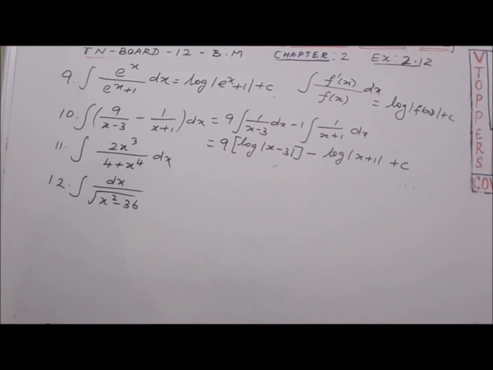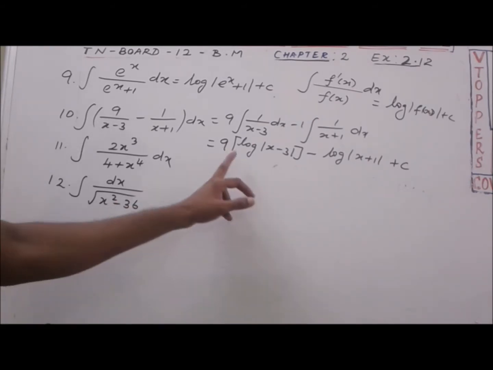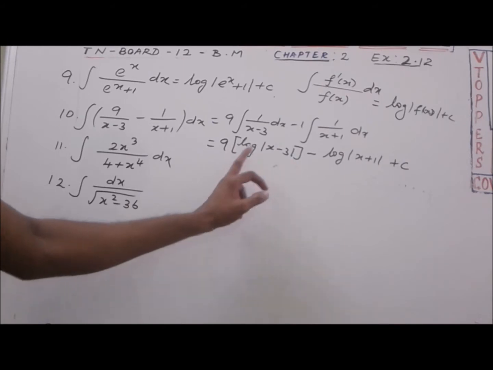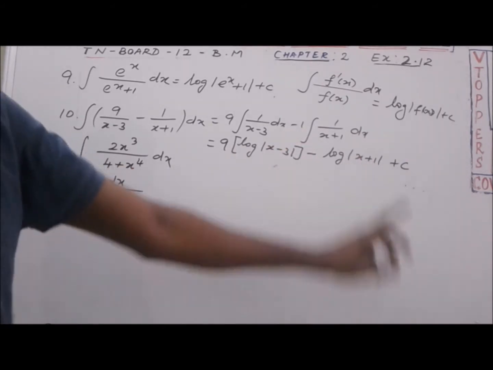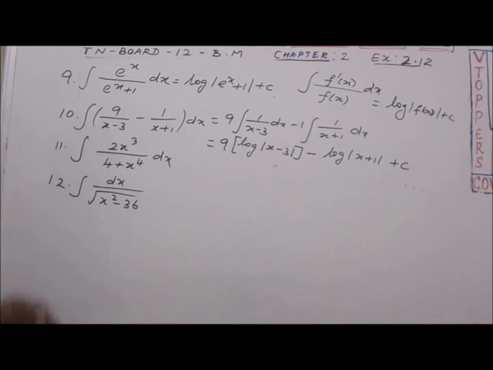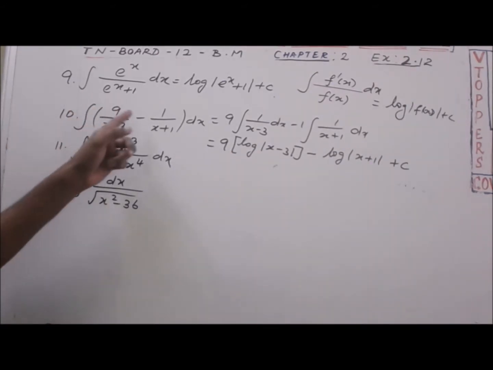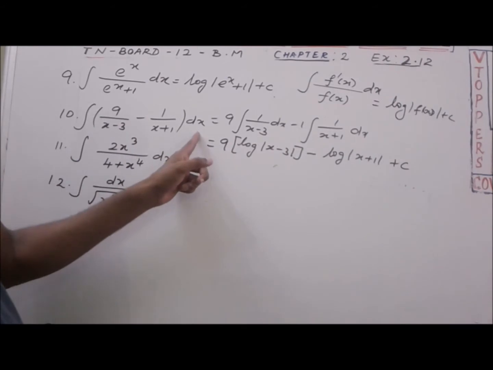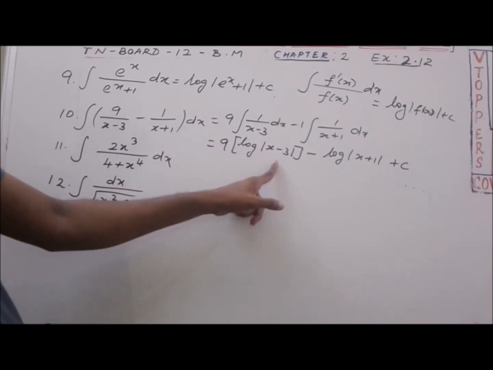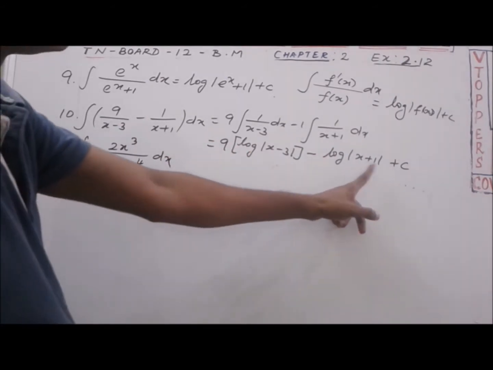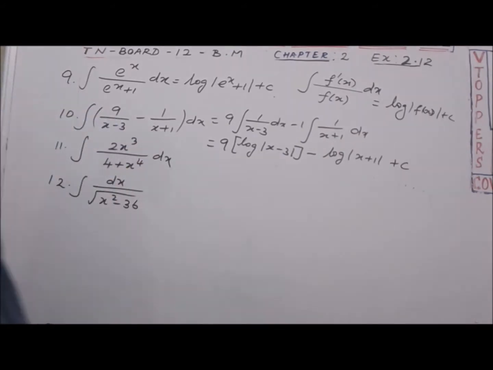But the answer in the text for question number 10 is left as 9 into log of x minus 3 minus log of x plus 1 plus c, so you can leave it there itself. So the answer is 9 into log of modulus x minus 3 minus log of modulus x plus 1 plus c. Option number C.